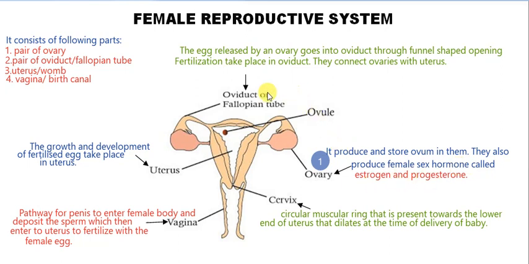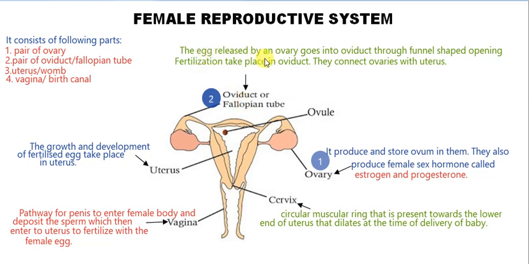Second is the oviduct, or fallopian tube. The fallopian tube is the site of fertilization, and it connects the ovaries and the uterus.